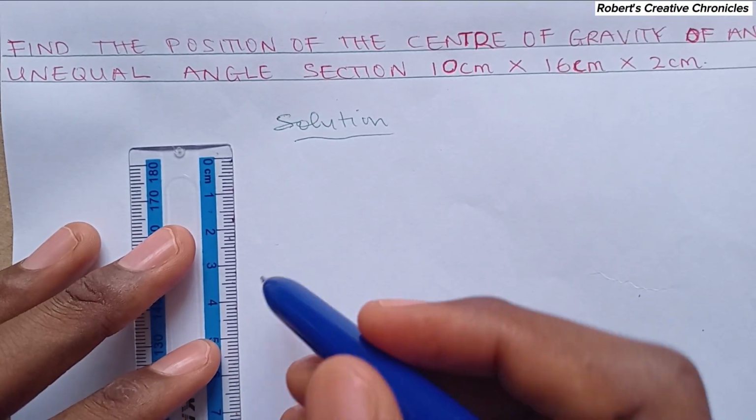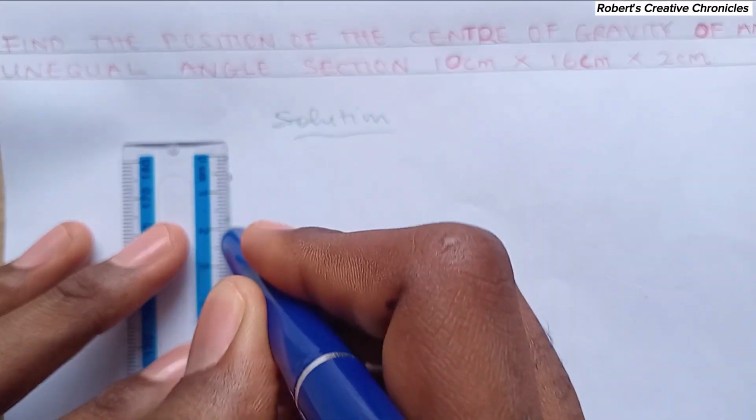Before we proceed, we have to first draw the unequal angle section.